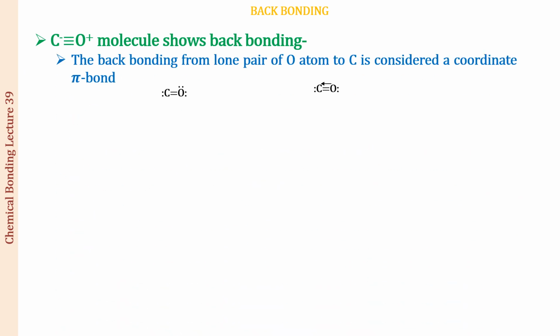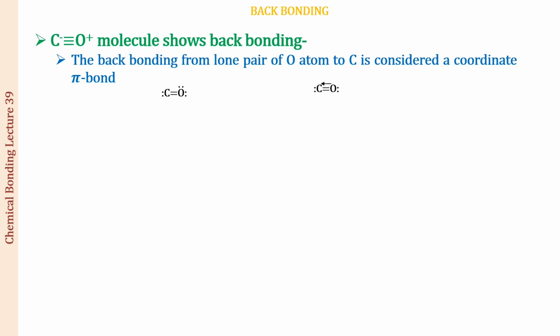So carbon and oxygen are forming a coordinate pi bond, and you have learned now that back bonding is a type of coordinate pi bond. Carbon and oxygen are both second period elements. One has an electron pair which it can share, so it acts as a Lewis base, and carbon has one empty orbital, so it accepts the pair in that empty orbital and acts as a Lewis acid.